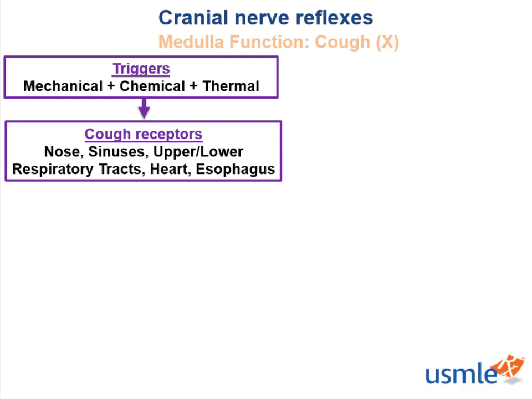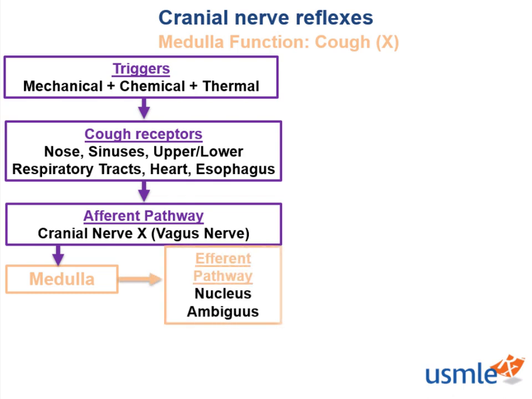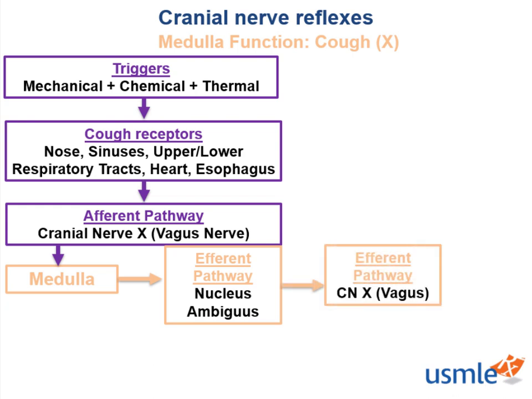These can be mechanical triggers, such as the pressure from built-up mucus or smoke and dust particles, chemical triggers like gastric acid reflux, and thermal triggers like cold air. Cranial nerve 10, the vagus nerve, transmits these stimuli to the medulla, which activates the nucleus ambiguus, a motor nucleus, which exerts its motor effects via cranial nerve 10 to produce the cough reflex.